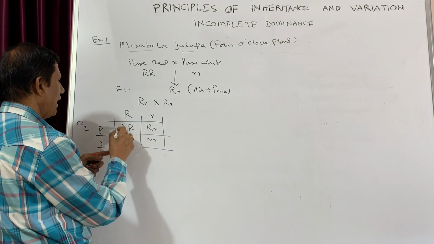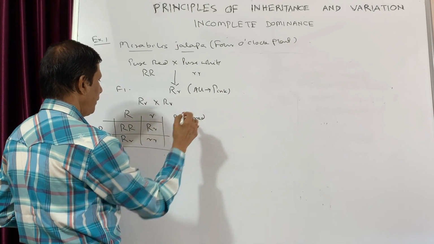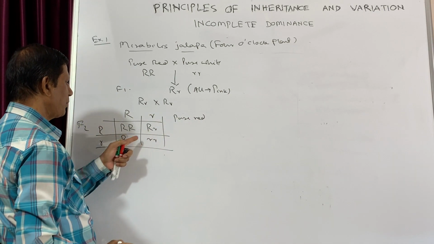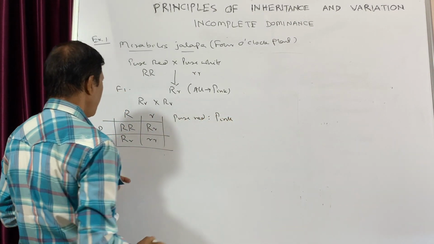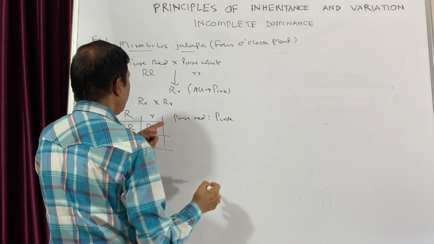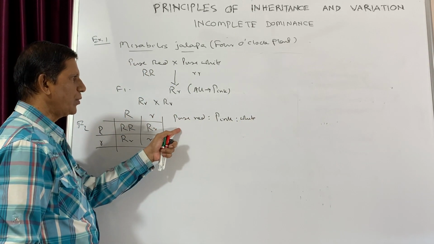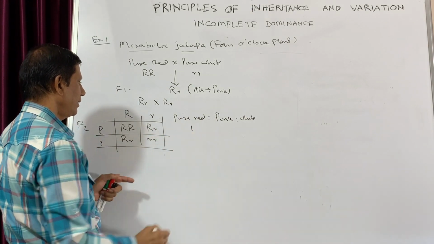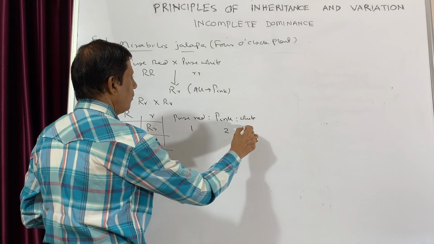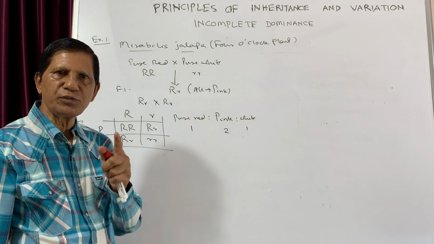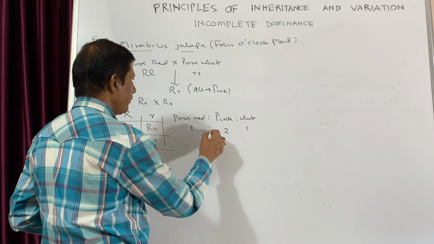Now the capital R capital R will be pure red. The capital R small r will be pink. And small r small r will be white. That means pure red is 1, pink 2, and white 1. So instead of the 3:1 ratio, now the phenotypic ratio is 1:2:1.